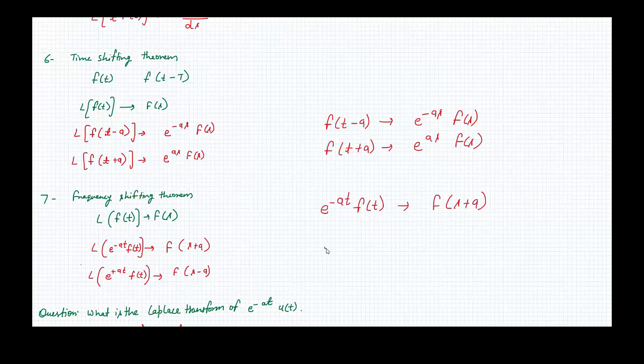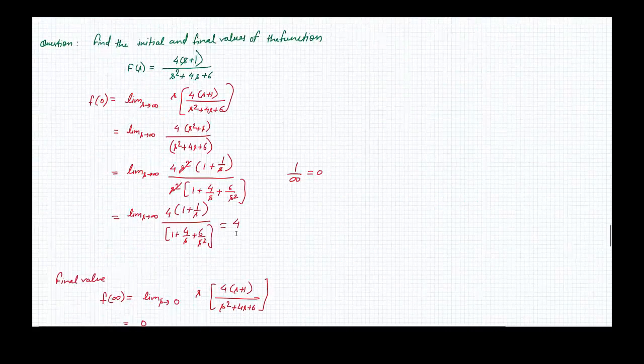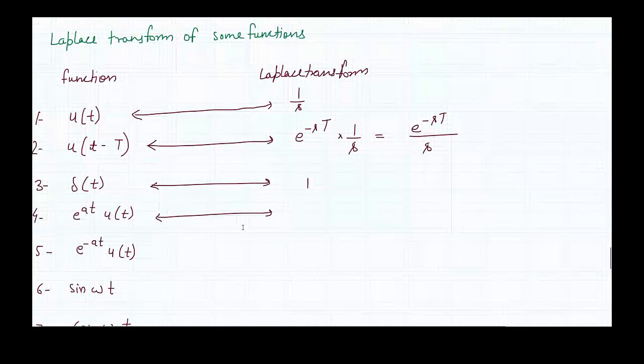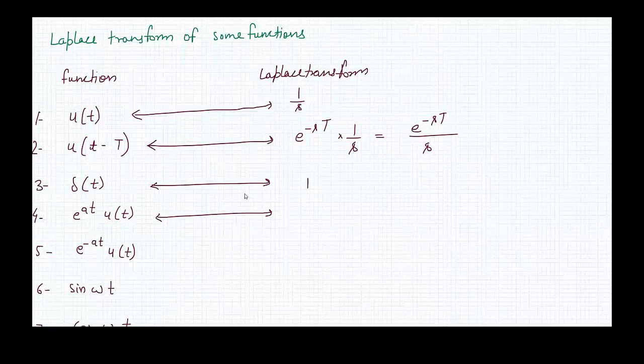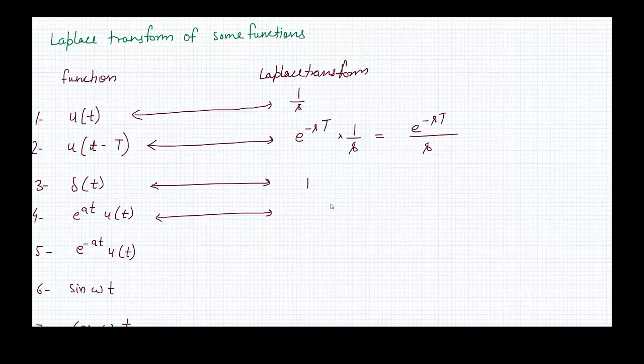And if it is e to the power at f(t), the sign will change, so F(s minus a). Like this you can remember. Remember only one line and you will be remembering all the remaining lines. So delta(t) is 1. e to the power at is what? e to the power at.